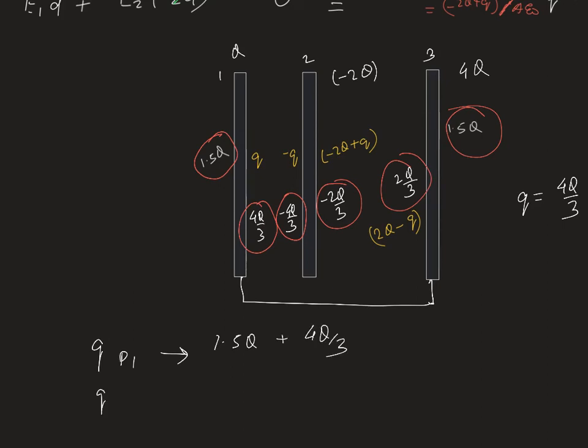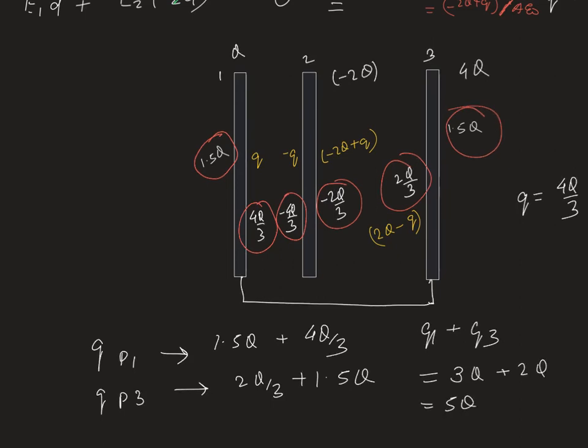And what is the charge on plate 3? The charge on plate 3 is 2q by 3 plus 1.5q. And if you add them, charge on 1 plus charge on 3, what do you get? So 1.5q plus 1.5q is 3q basically, and 4q by 3 plus 2q by 3 is basically 2q, so you get 5q.